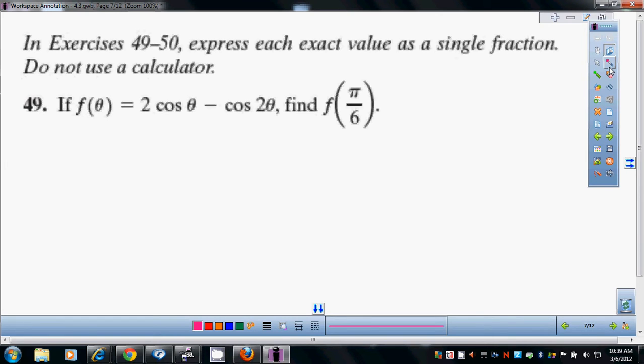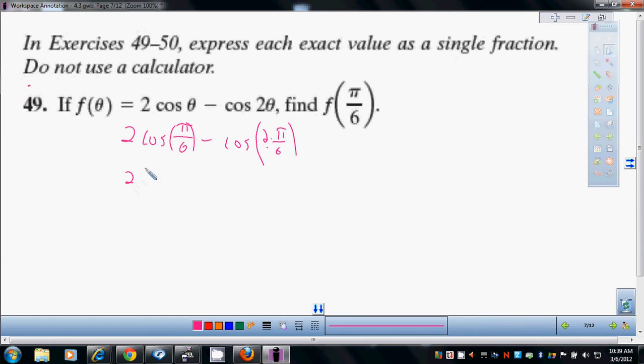This seems like kind of a silly thing for them to throw in here, but they're just showing you can use trig in functions. You evaluate it just like you would any other function. Plug in pi over 6 for every theta in the problem. So that would be 2 times cosine pi over 6 minus cosine 2 times pi over 6. Or you could say, what is cosine pi over 6? On your unit circle, what's its value?